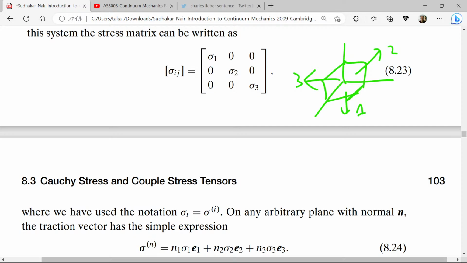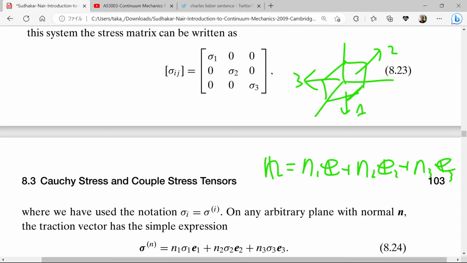And any plane you can express this way: n1 e1 plus n2 e2 plus n3 e3. This way you can express any plane.